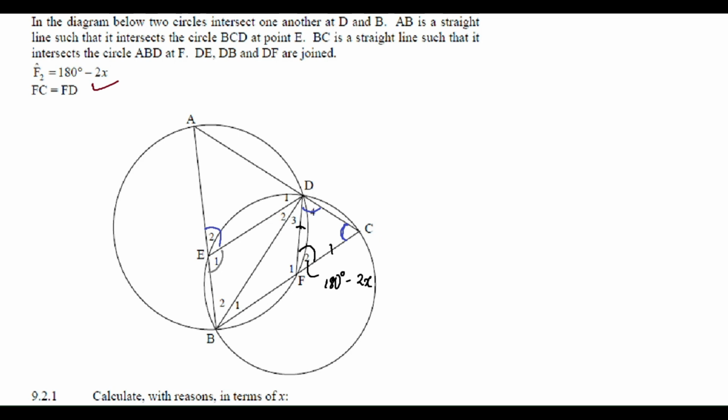Since we have a cyclic quadrilateral here, again another one, we can note that angle F2 is going to be equal to angle A. You are going to use the very same reasoning: the exterior angle of a cyclic quadrilateral is always equal to the opposite interior angle. So we know that angle A is going to be equal to 180 degrees minus x.